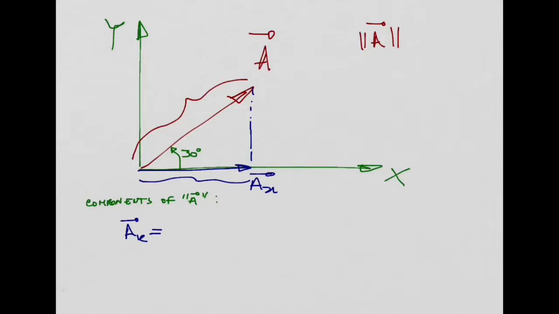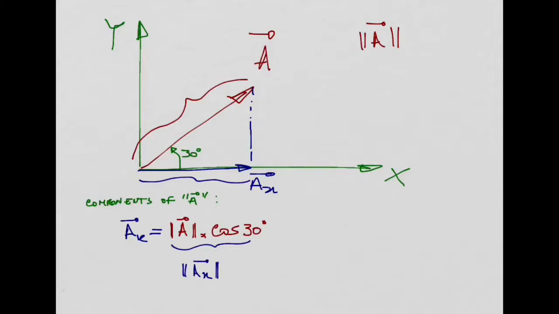Basically we have here a rectangular triangle. If I multiply that length, which is the hypotenuse, by cosine of 30, I get the norm of AX.